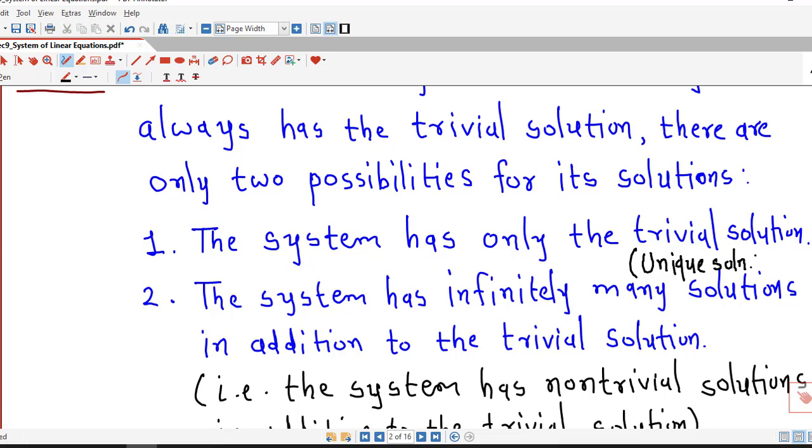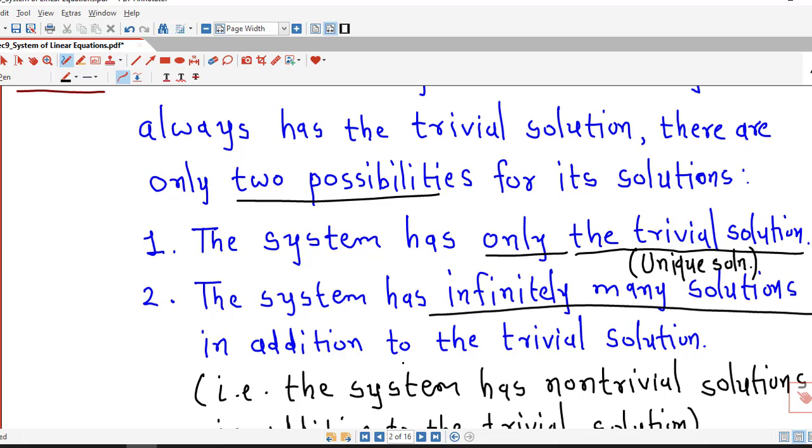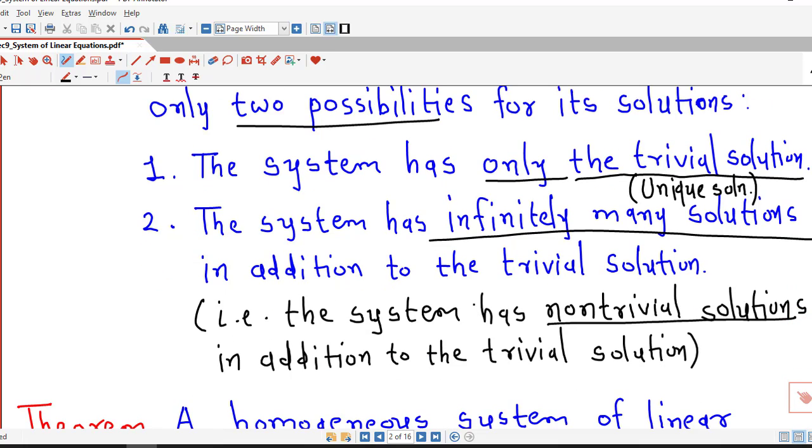But in the case of a homogeneous system, that unique solution will be the trivial solution or zero solution. So for a homogeneous system there are only two possibilities: either the system has a unique solution which is the trivial solution, or the system has infinitely many solutions which are known as non-trivial solutions.